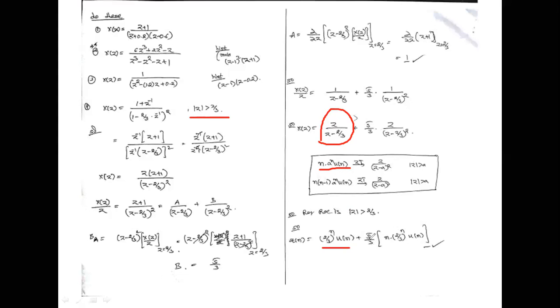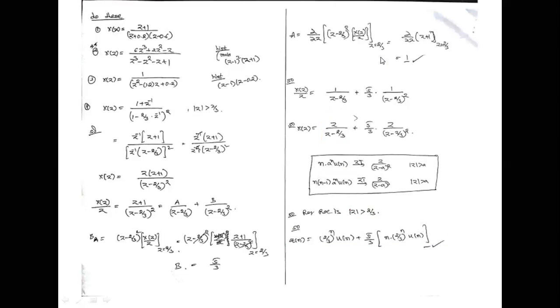In addition, 5 by 3 is multiplied, which is also in the same z by z minus a form, that is a power n mu of n, but the denominator is a square, so multiply by n into a power n mu of n. So x of n is equal to 2 by 3 whole power n mu of n plus 5 by 3 n into 2 by 3 whole power n mu of n. Got it, my students?